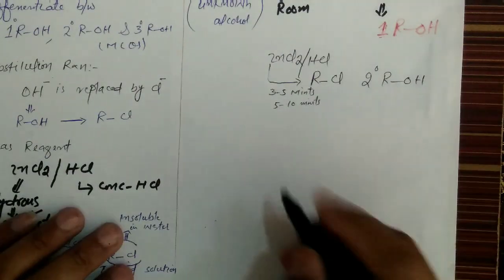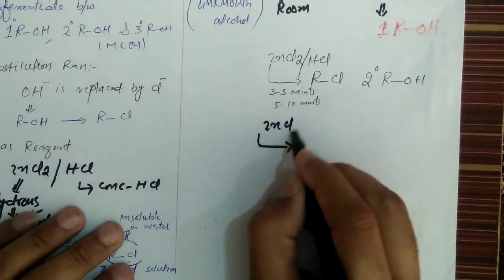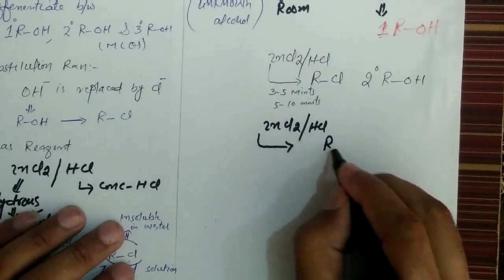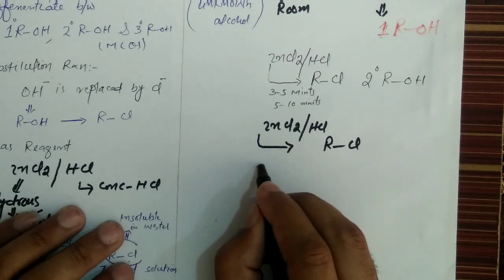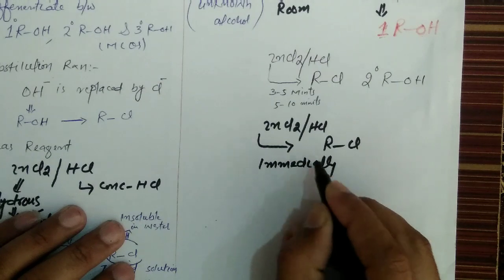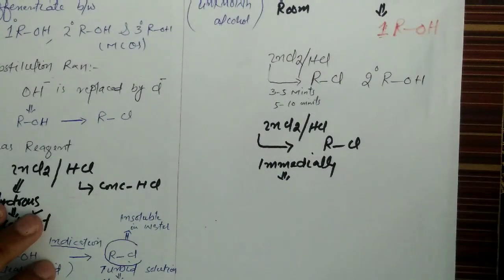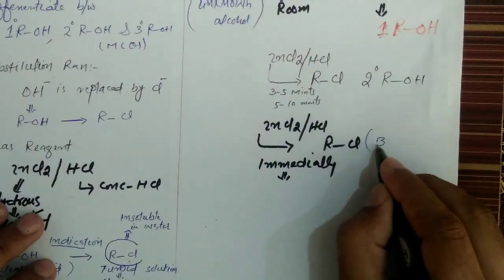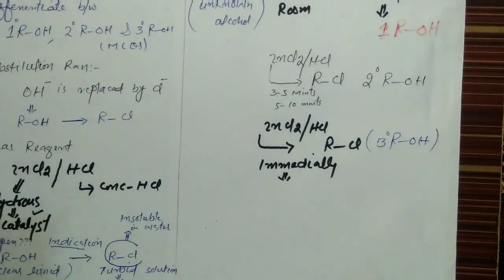If we put ZnCl2 and HCl and it produces alkyl halide immediately, within no time, it indicates that the alcohol we have is tertiary alcohol.